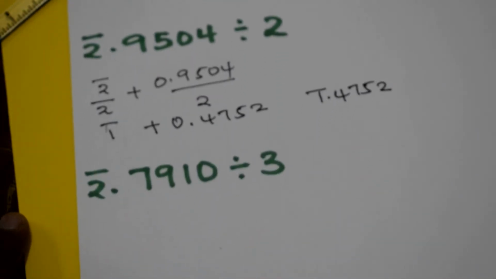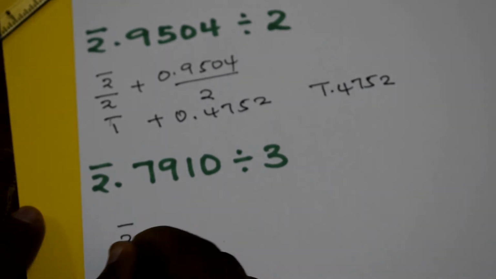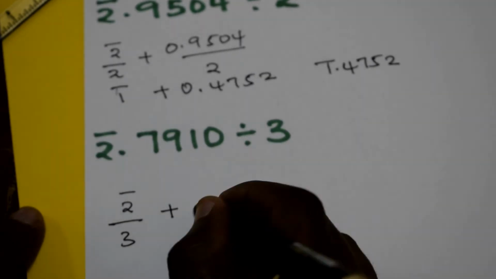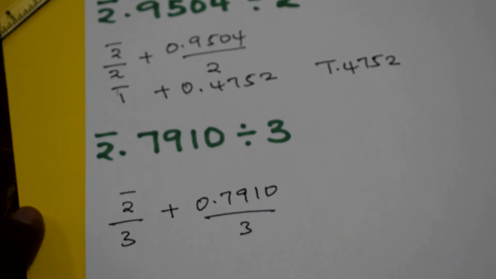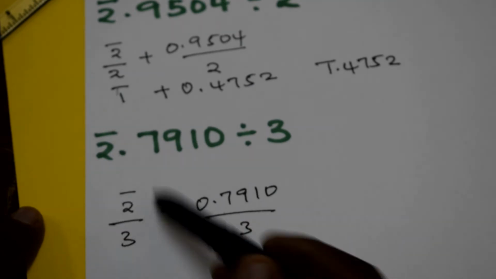Our next case, we have bar 2.7910 divided by 3. So this is bar 2 divided by 3 plus 0.7910 divided by 3. So when we divide bar 2 by 3, then this one will not work out.